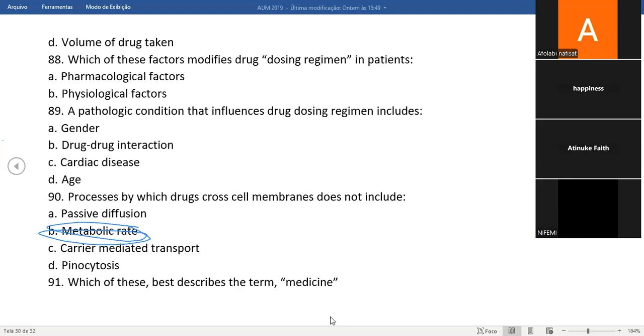Metabolic rate is not one of the transport mechanisms. We have done cell now in anatomy. All these other ones, they are transport mechanisms, except for metabolic rate. Pinocytosis too is a transport mechanism. So the answer here is metabolic rate. All right.